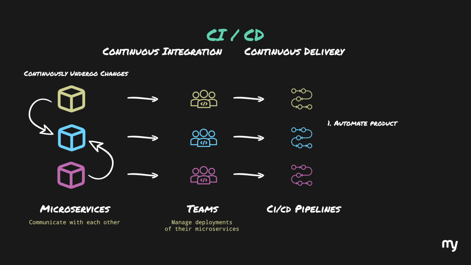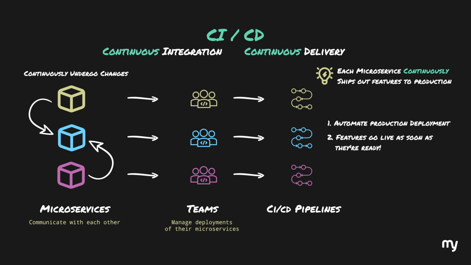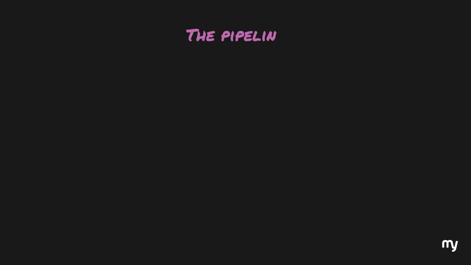First, they automate this entire process of taking your code and deploying it on production. And second, features can go live as soon as they're ready because of this automation. And this is the reason that they're called continuous integration and continuous delivery pipelines, because each microservice continuously ships out features to production.